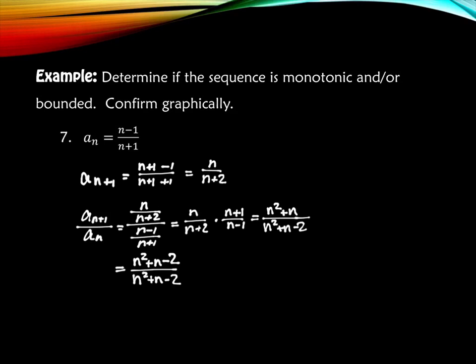Now, obviously, you can't just go subtracting 2 from something. That's not appropriate. I have to balance it, so I'm going to add a 2 back in as well, in its own little bitty fraction over here, over n squared plus n minus 2. So I've subtracted 2 and I've added 2 into the situation.